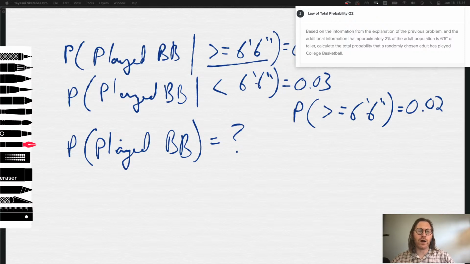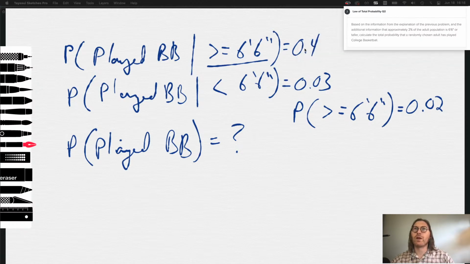All right, so I'm covering up a little bit of information here. Okay, so played basketball given being greater than 6'6" is 0.4 probability. The played college basketball being less than 6'6" is 0.03. So where we want to go with this is, well, let's consider the complement first.